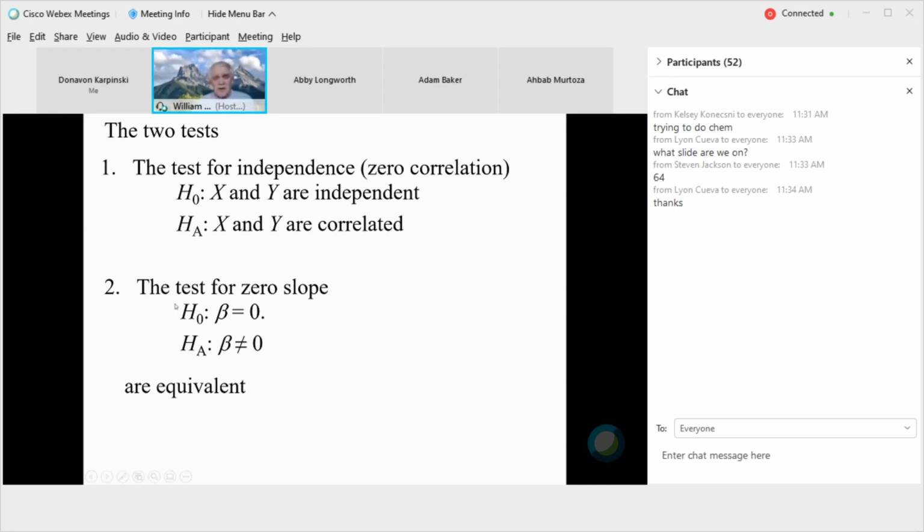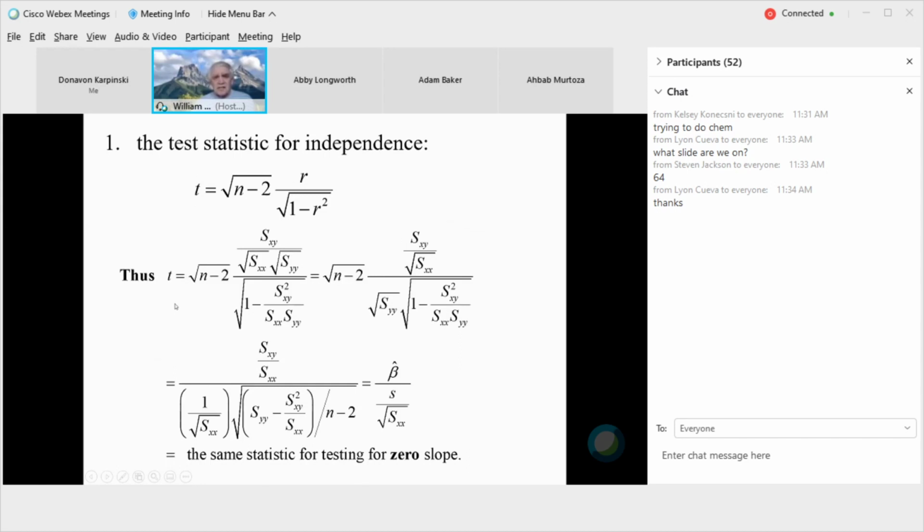This is the test for independence. There's the test statistic for independence. Put in the formulas for R, do some arithmetic calculation. You can then show that this statistic here is exactly the same statistic for testing for zero slope. So the two tests are exactly the same.